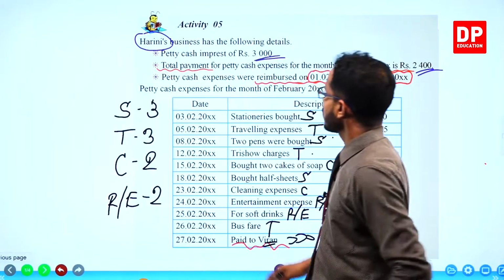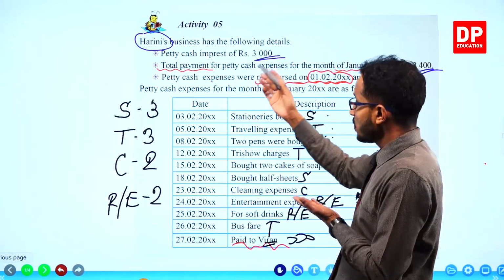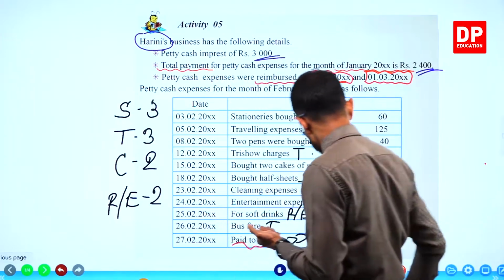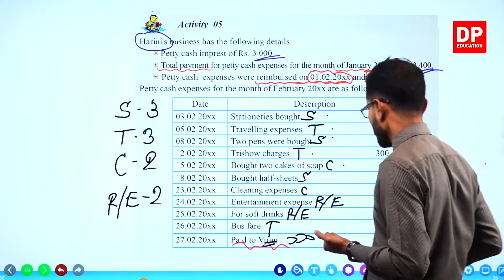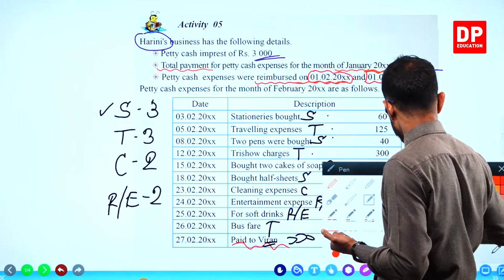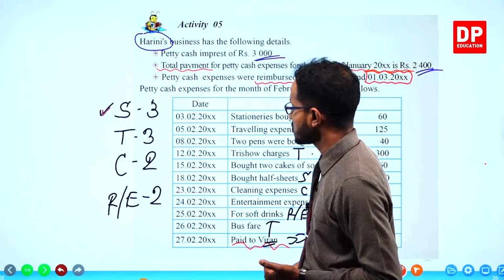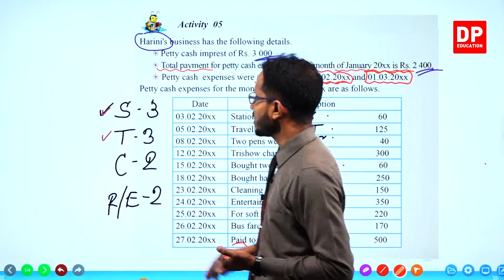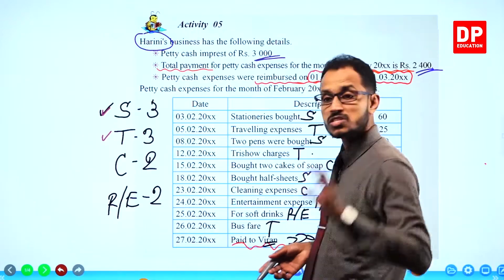From the main categories that we identify, we have to take stationery as an analysis column. We have to take traveling, yeah, because traveling has 3 items.